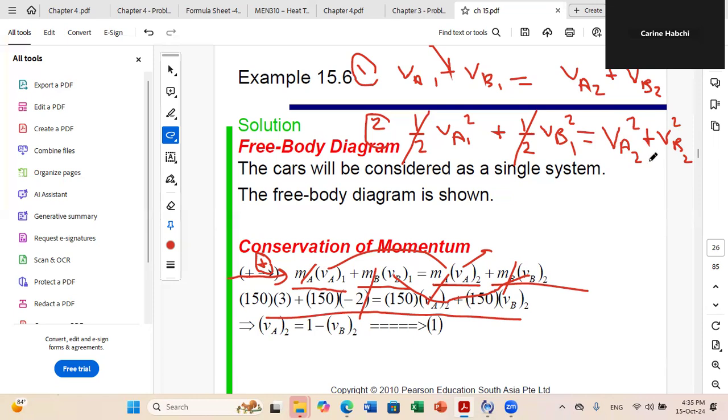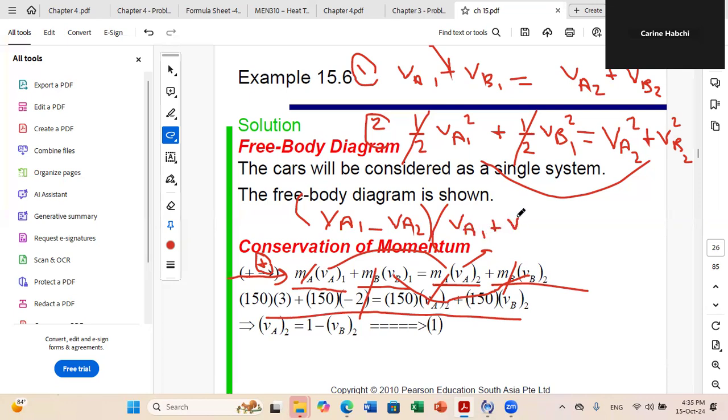And if you want to solve this system in a simple way, you can say, let me take VA2 to this side and factorize. So I have VA1 squared minus VA2 squared. You can write it as VA1 minus VA2 times VA1 plus VA2. So this is from the first side.